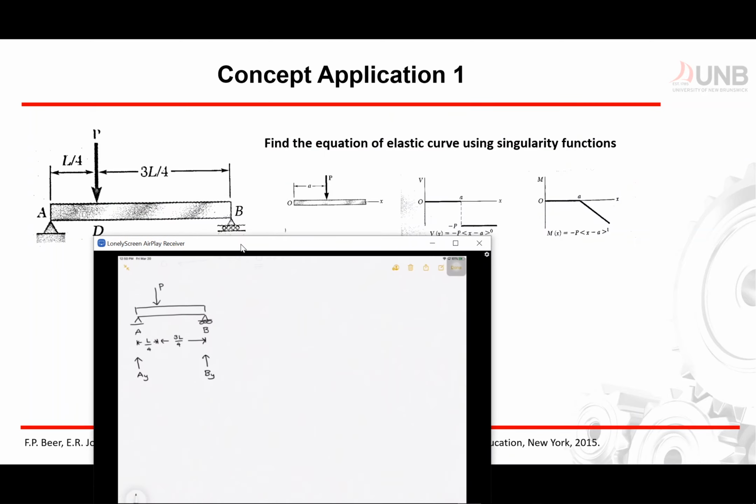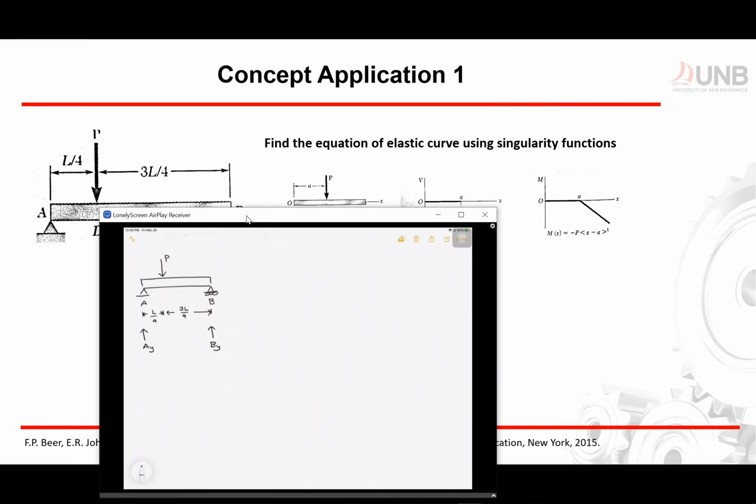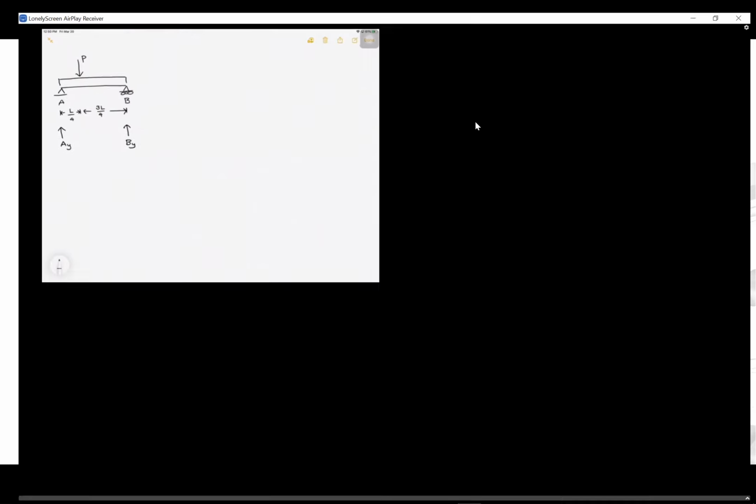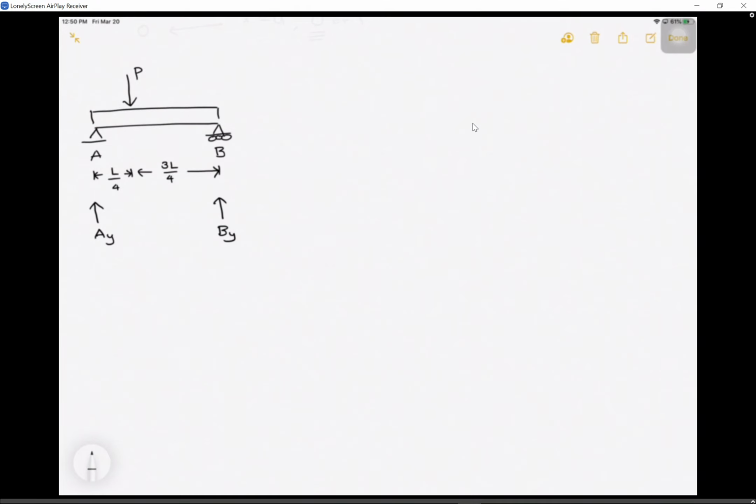So again, the question is find the equation of elastic curve using singularity functions. The first thing that you have to do is to get all the forces on your beam.